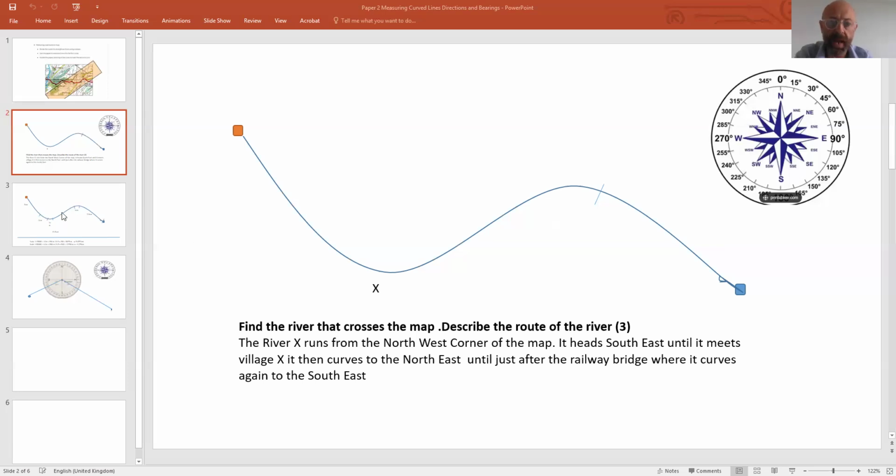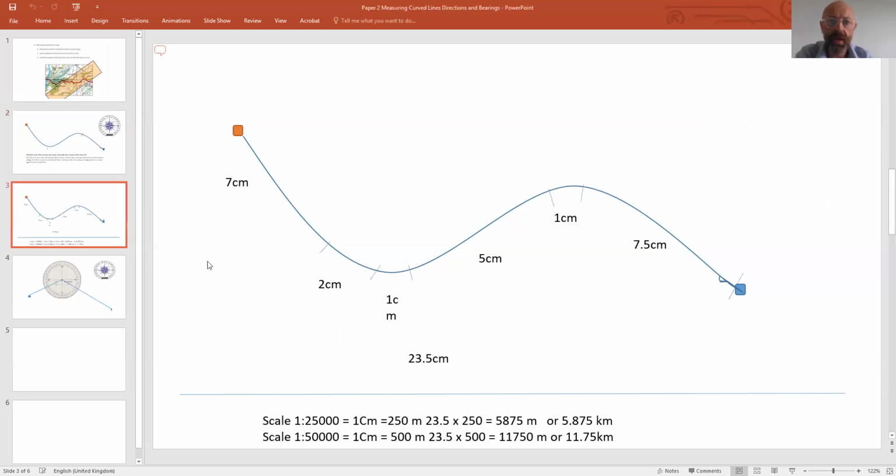Now, in order to measure the line, I've used the same line, but let's just pretend now that this is village X and this is an intersection across a road or something, and it's asking you to measure the distance between the two of this road A. So I'm lining up my piece of paper. I'm marking that. I also mark on my piece of paper, but also I mark on the map, so I know the last point I marked.